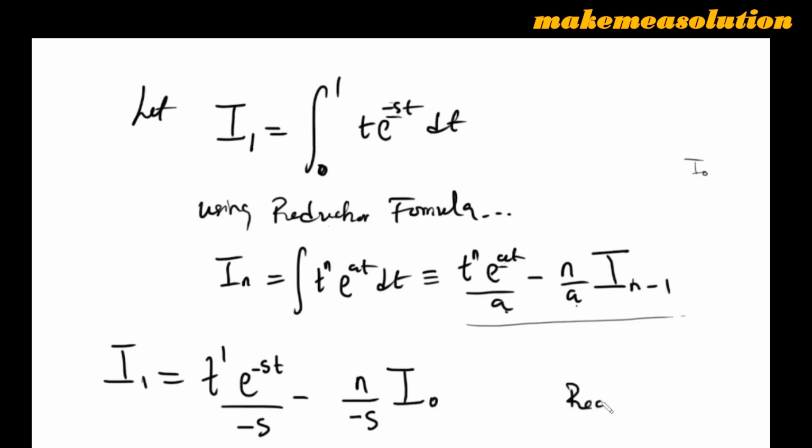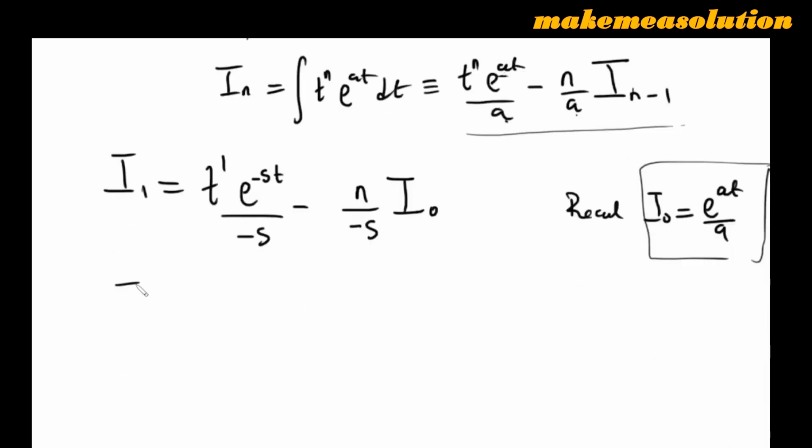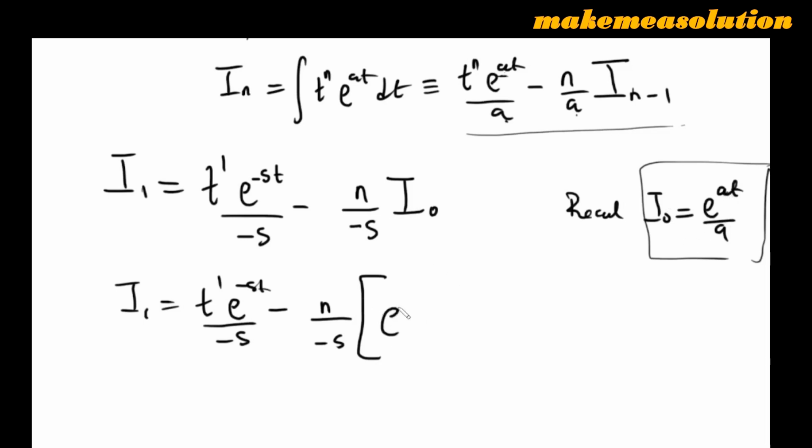And recall that I naught for this kind of integral is just exponential at over a, like we established previously. So I can replace this I naught. I1 is t to the 1 exponential minus st over minus s, minus n over minus s, then instead of I naught, exponential, remember a is minus s, all over minus s.